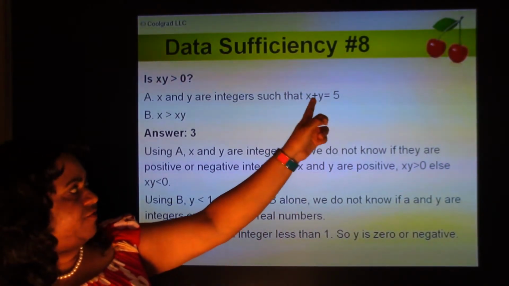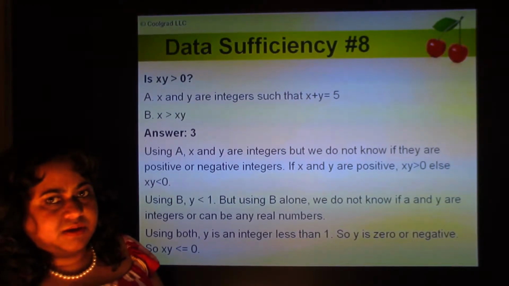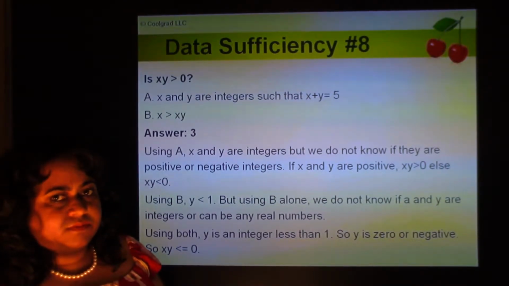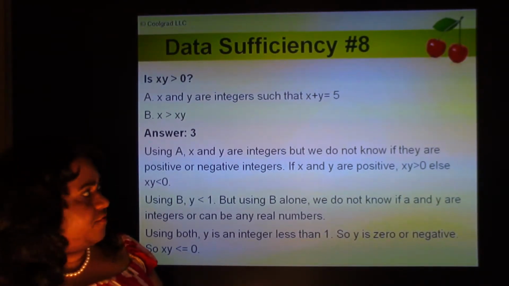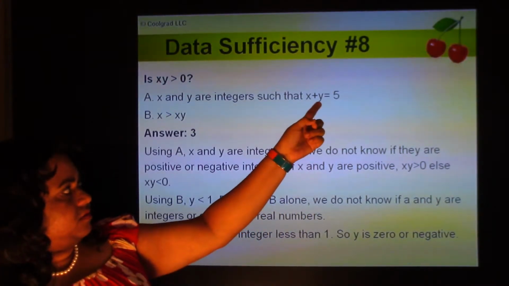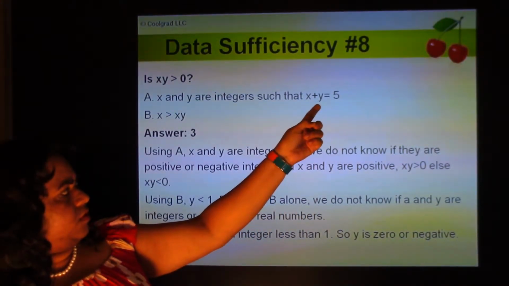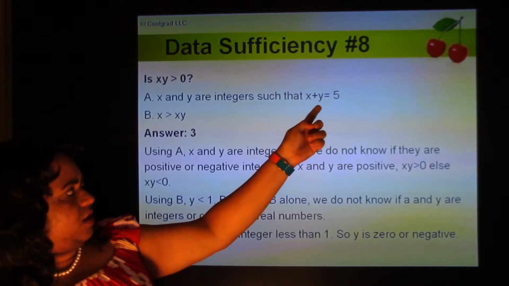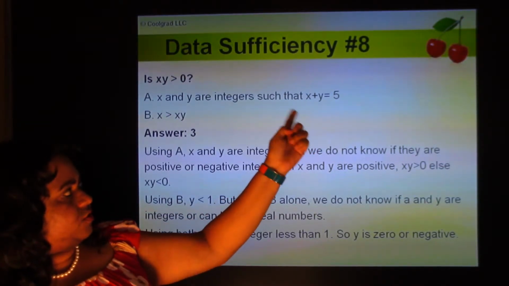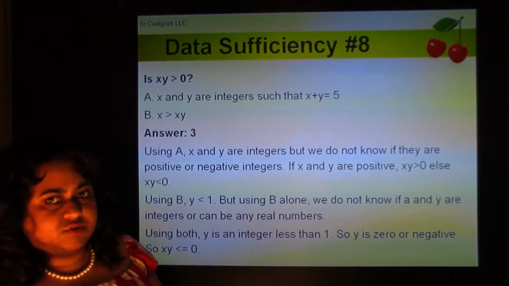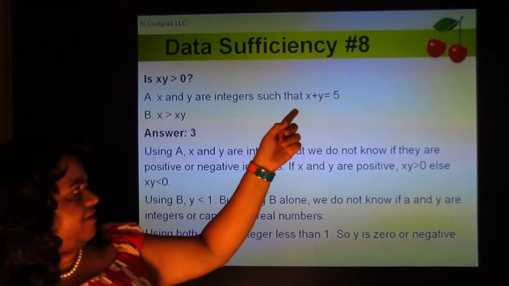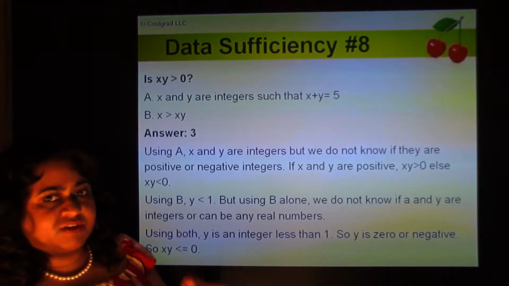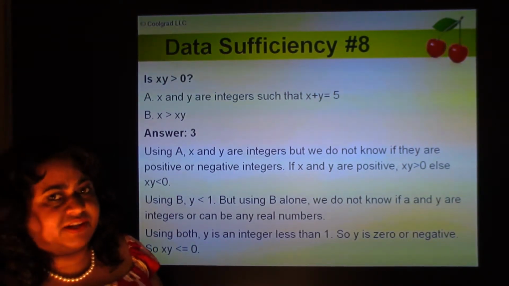X plus y is 5, so therefore at least one of them must be positive. But the other one might still be negative. For example, let's say y is 7, so x will be minus 2. You'll still get the answer. Or 4 plus 1 is 5. So both may be positive, or one may be positive and the other one negative. So we still don't know.